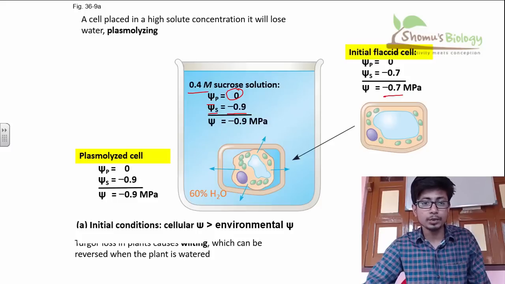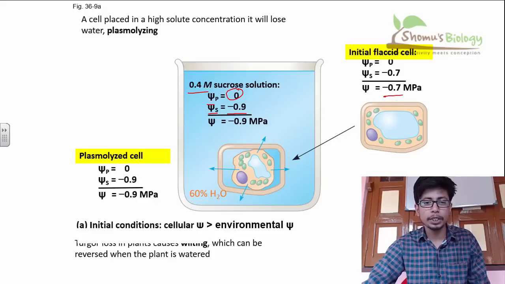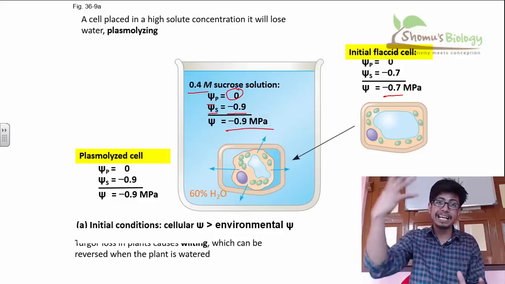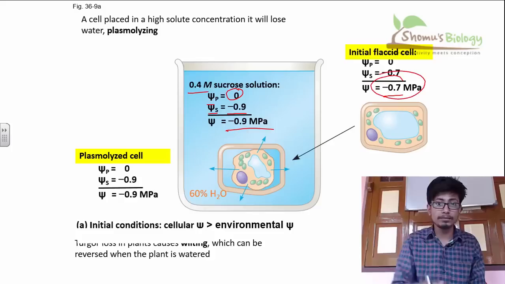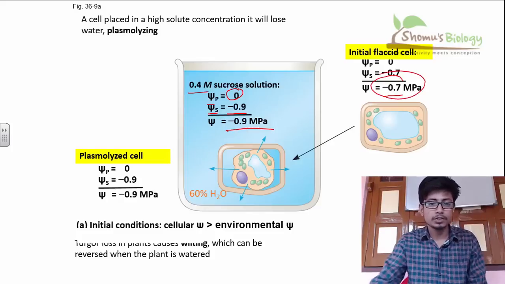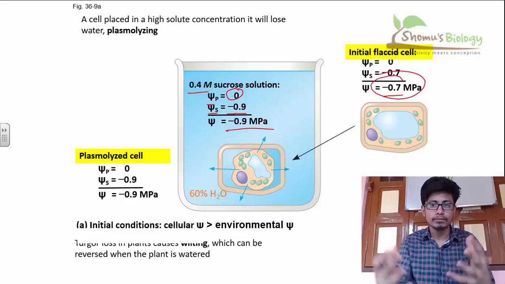If we put it into the 0.4 molar sucrose solution, the water potential of that solution is less compared with the cell. So the water potential is less outside and more inside, and water will flow from the cell to the solution.